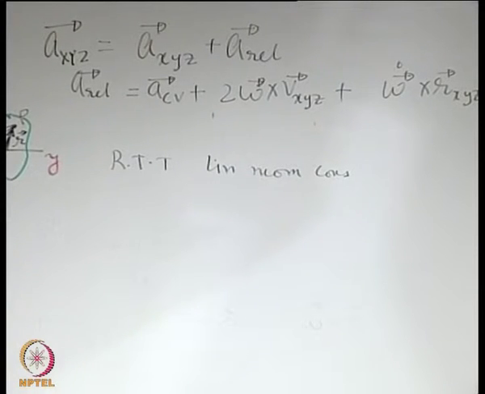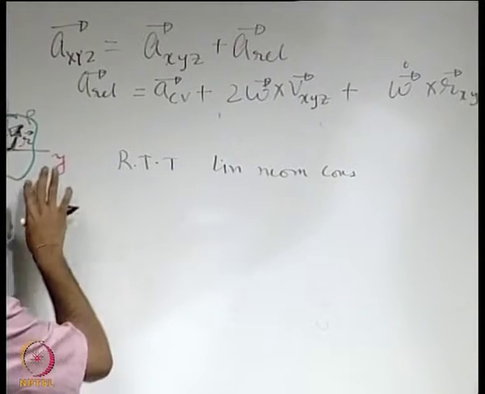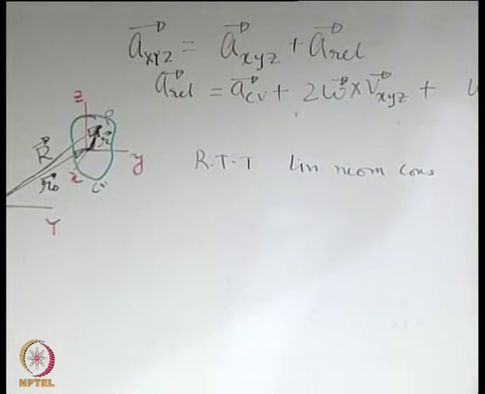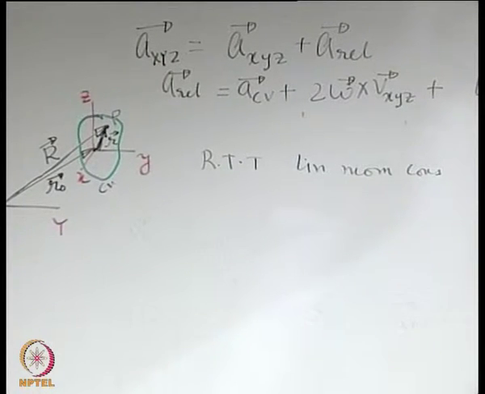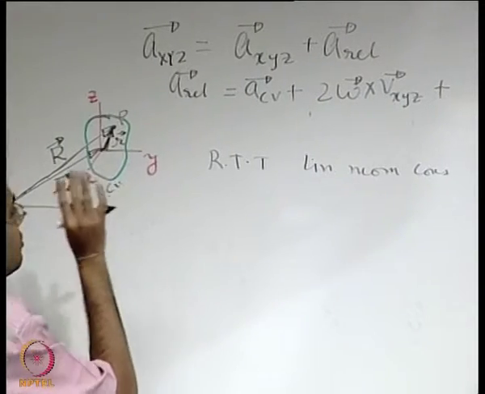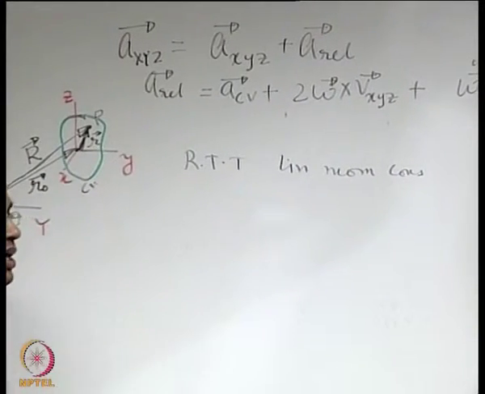Let us say that we are interested to write the theorem relative to this control volume. This green colored contour is the control surface of the control volume, and that is our basis for which we are writing the theorem.